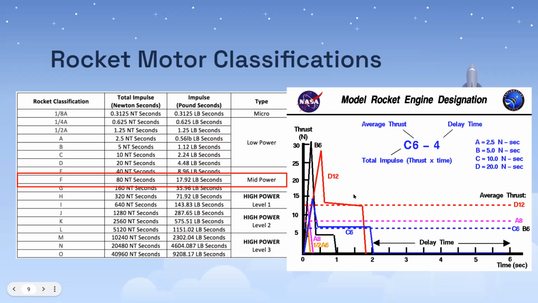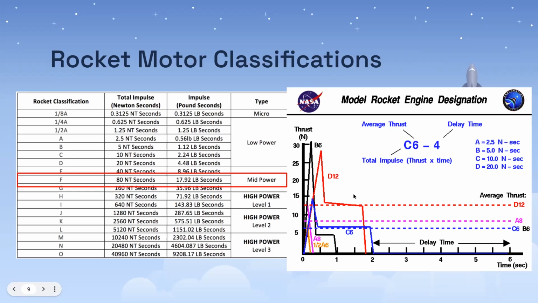But typically, the type that you'll be flying and the type that we fly are categorized in the low to mid power range. So that's from 1/8 A to, say, an F motor. And these rockets are accessible to most people because they don't have any legal restriction as to who can buy them. And so we can basically purchase them and launch them if we have a big enough field.